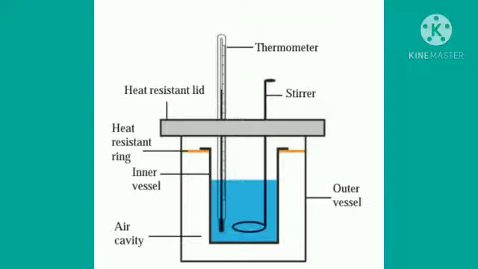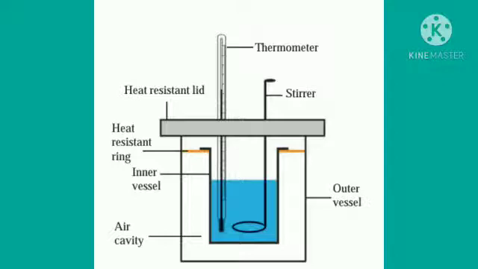A calorimeter has two vessels, an inner and an outer one. This way, no heat can be transferred from the inner to the outer vessel or from the outer to the inner vessel, and thus the inner vessel is thermally isolated from the surroundings.